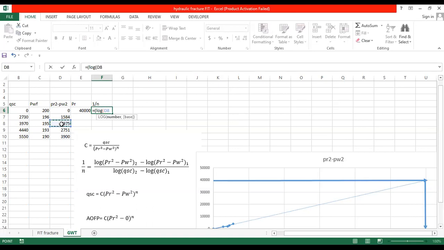Log A minus log B can be taken as log A by B. By the first point, PR square minus PW square corresponding to the first one. So the blue one is second and the red one is first. So this completes my numerator.